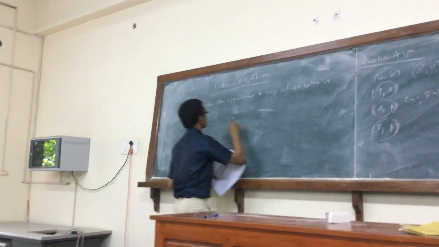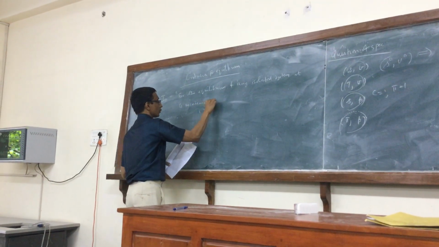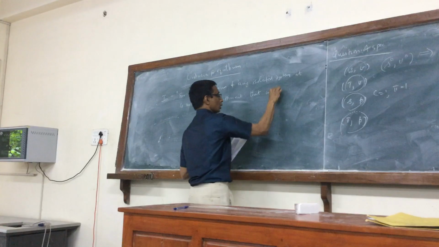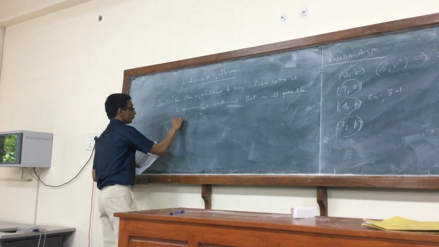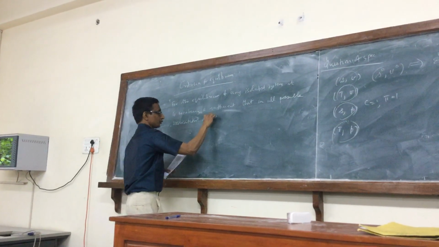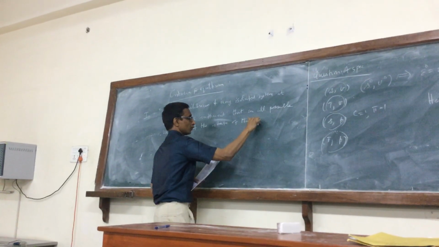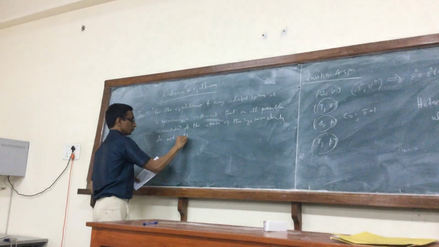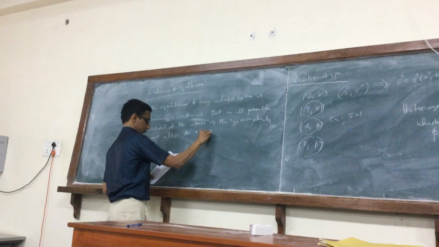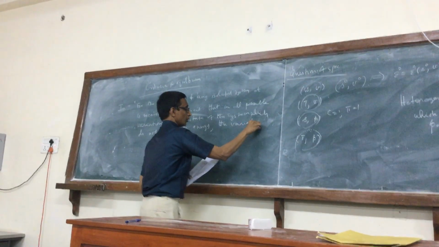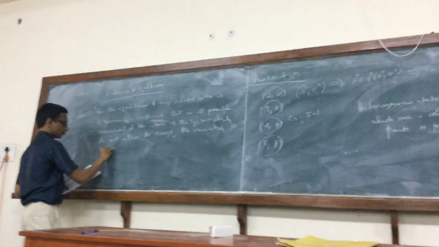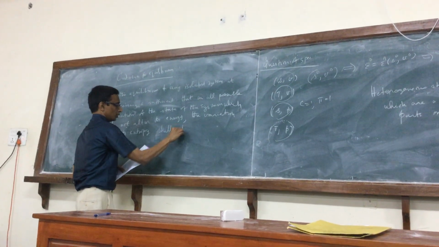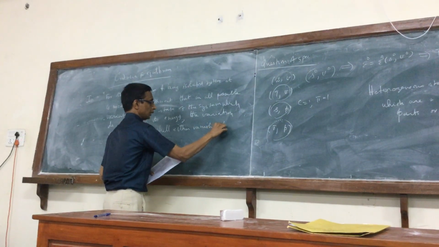It is necessary and sufficient that in all possible variations of the state of the system, which do not alter its energy, the variation of the entropy of the system shall either vanish or be negative.